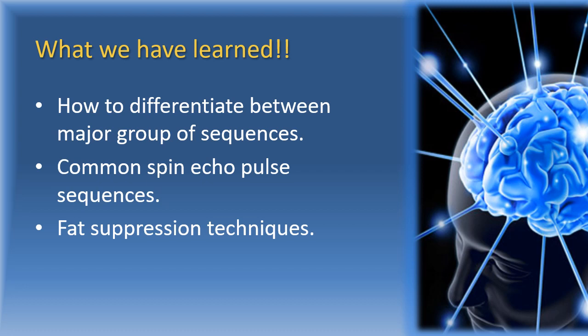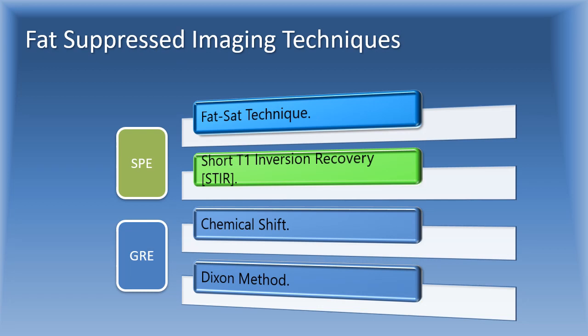We gave a hint about the four common techniques in this group, and we discussed in detail the fat set technique with T1 and T2 sequences. In this video, we'll discuss in detail the remaining techniques: STIR sequences, chemical shift, and the Dixon method.